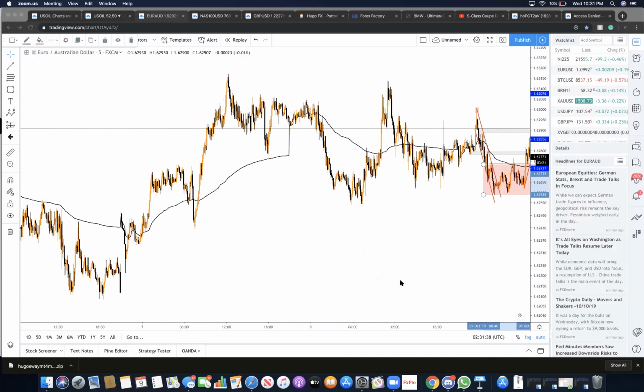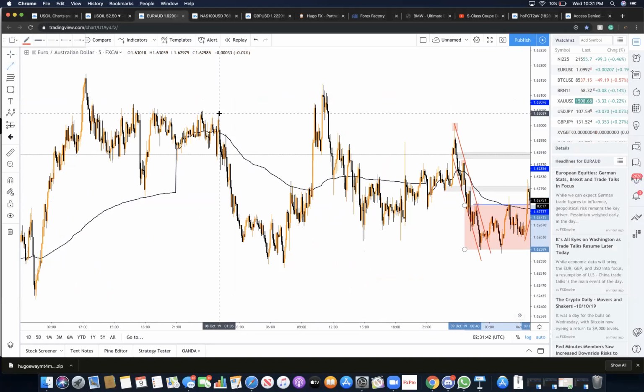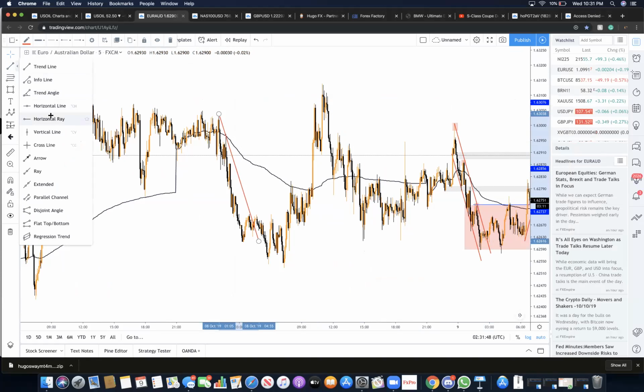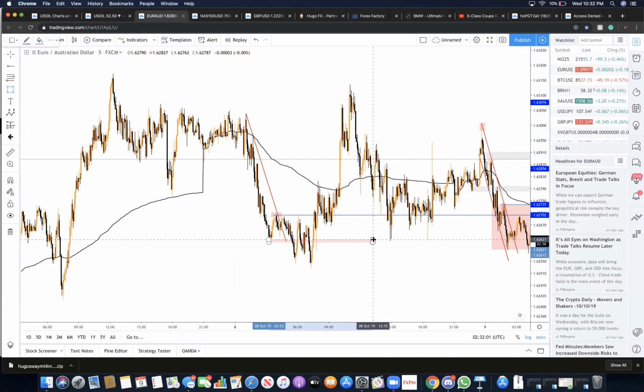So here's the market moving downwards, right? And we can see that on the resistance of this price here, on the last touch of the trend, the market consolidated right above this price here.